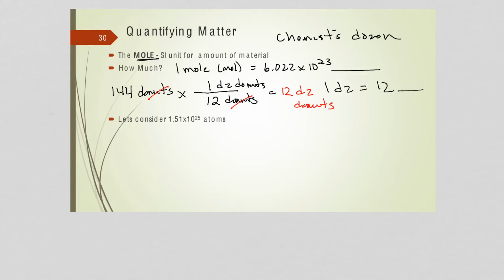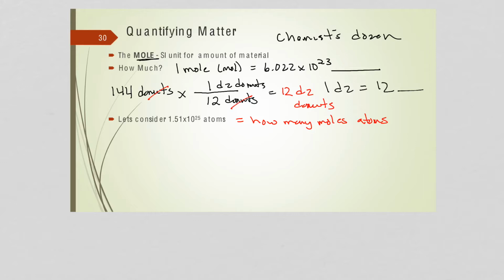So let's put this into practice. Let's say that I want to consider 1.51 times 10 to the 25 atoms, and I want to know how many moles of atoms I have. So we're going to do something really similar here.